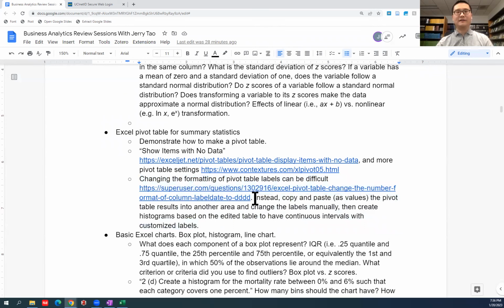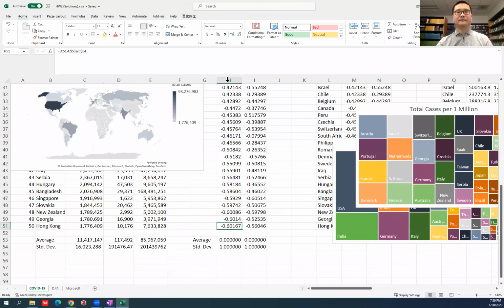The way I found most convenient is simply to copy and paste the pivot table and make your own edits to the values directly.